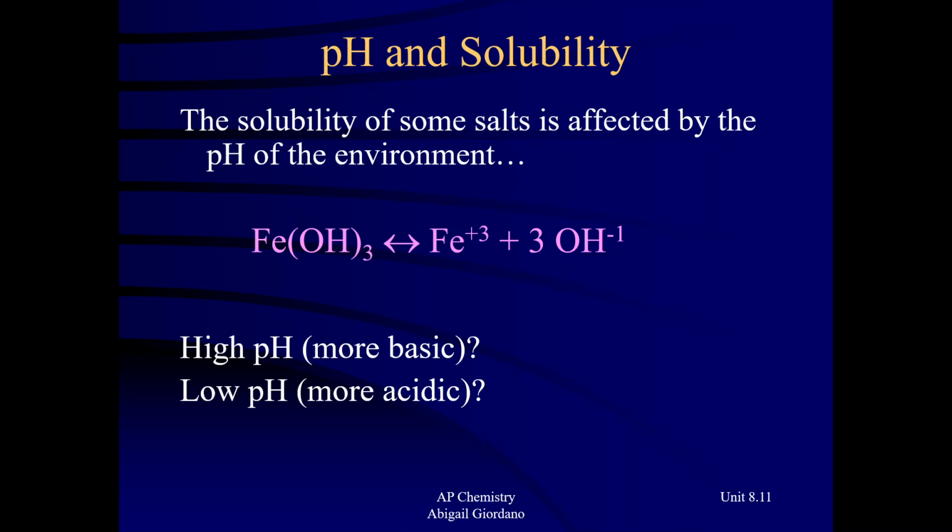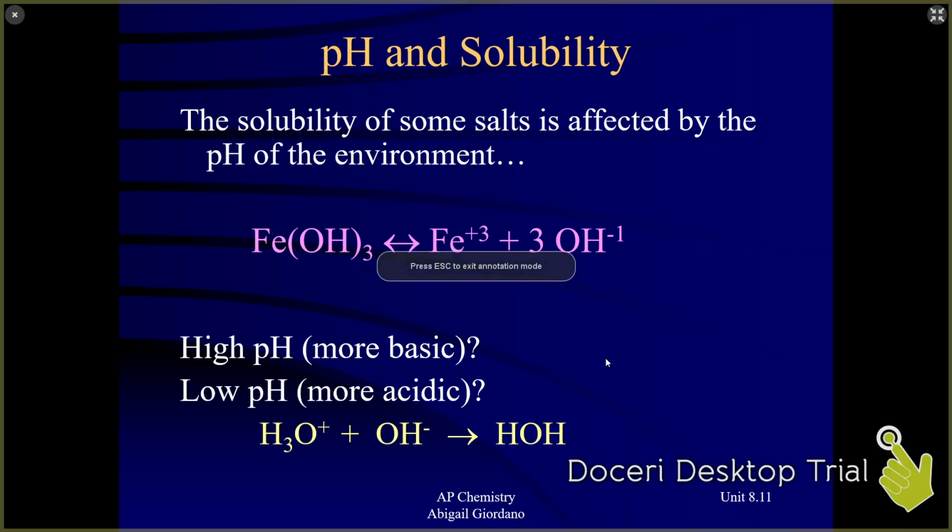When you have an ion that is not in that equilibrium system, there's a chance that it may in fact react with something in that equilibrium system, and in fact it does. We get this reaction happening, and actually I need to put a 2 there to balance that out. But the point is, this additional hydronium that's floating around in the environment is going to react with some of that hydroxide ion.